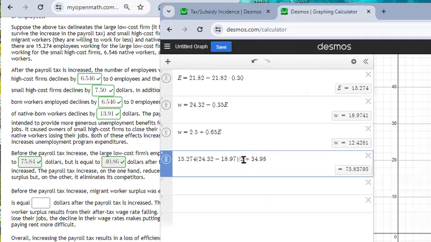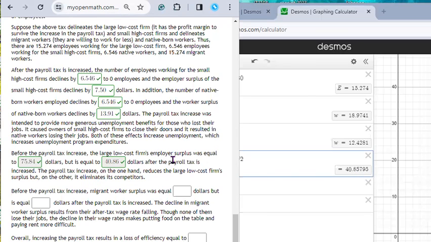And again, that blue triangle is found by the intercept of demand minus the highest wage firms are willing to pay that new last worker hired after the tax is imposed, times the employment level after the tax is imposed, which by assumption is just migrant workers, the number of migrant workers in the labor market. And that gives us 40.86, right? That's where that comes from.